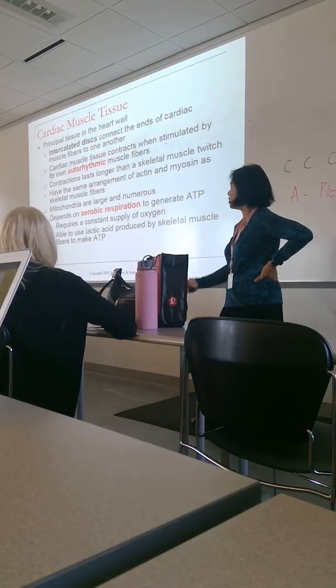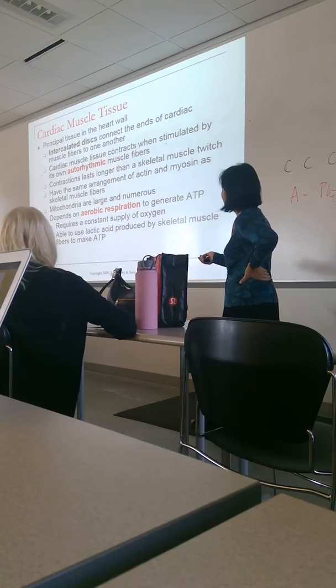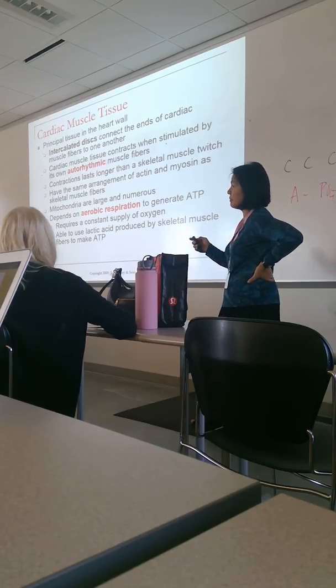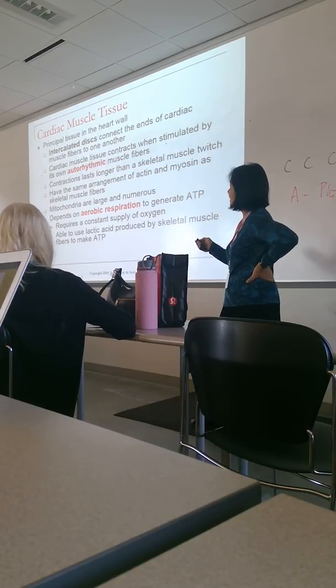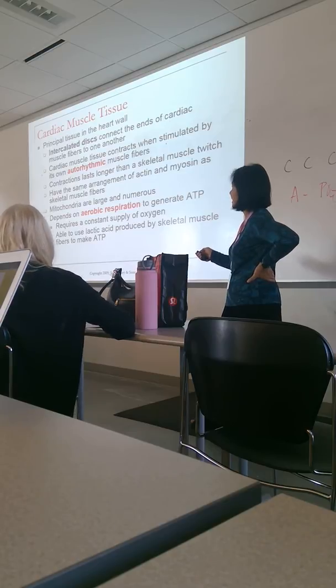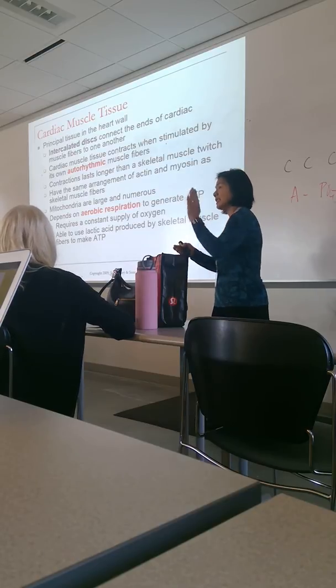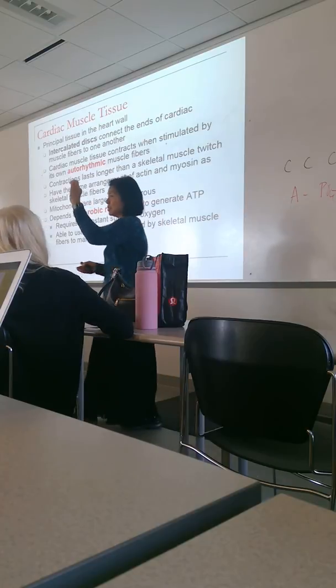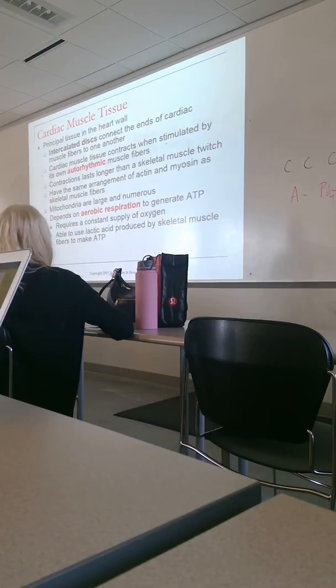But for now, what do you need to know about cardiac muscle? They're also striated, remember, under the microscope, but they have the intercalated disc. The intercalated disc has lots of gap junctions. So that's how they communicate with the next cell for the pacemaker, so that when the heart contracts, it's like it's one big muscle cell, okay?